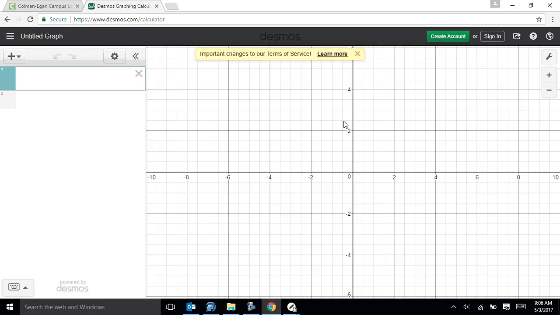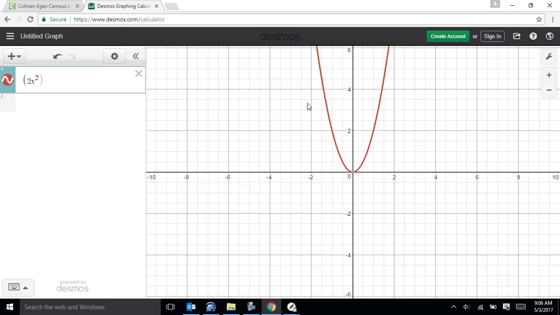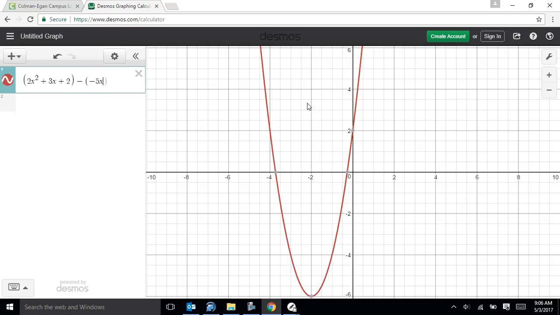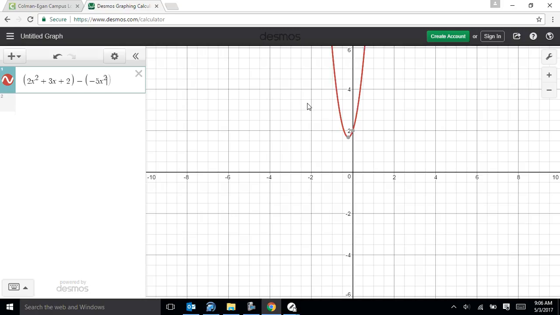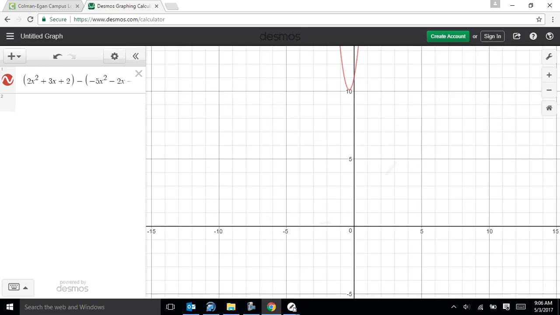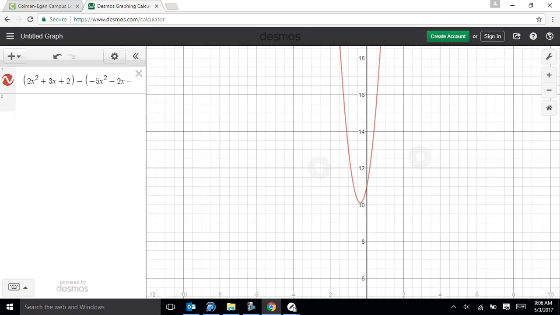So if we put in our original statement, 2x squared plus 3x plus 2 minus 5x squared minus 2x minus 9, all right, so we have that parenthesis there.